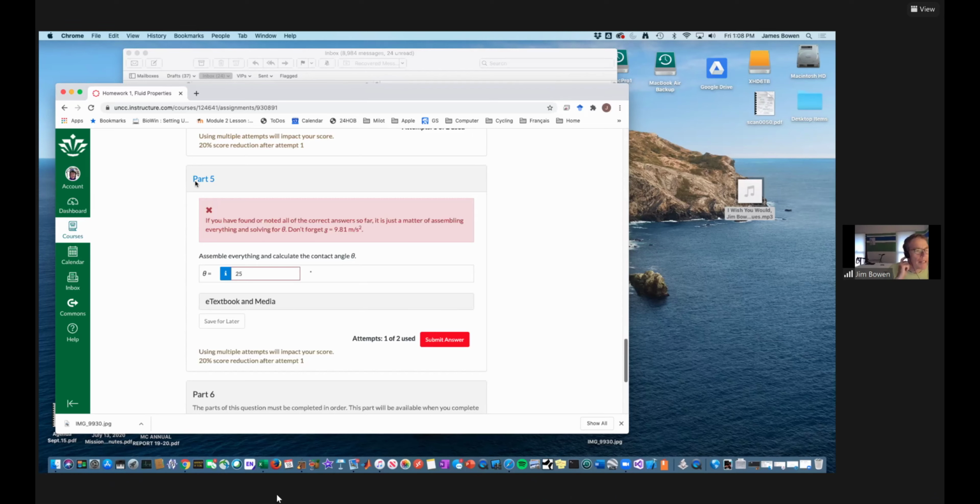Now repeat the calculations. Let's see. T is sigma times length, right? Okay, yeah.